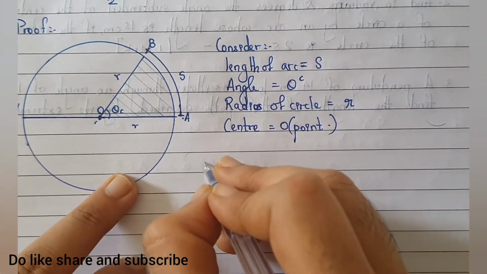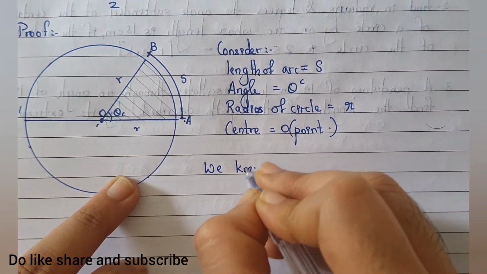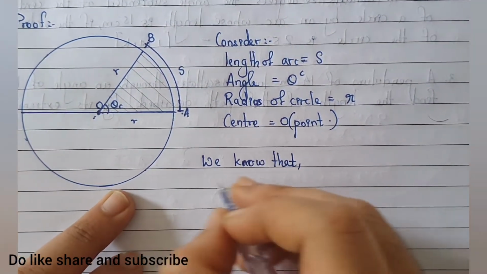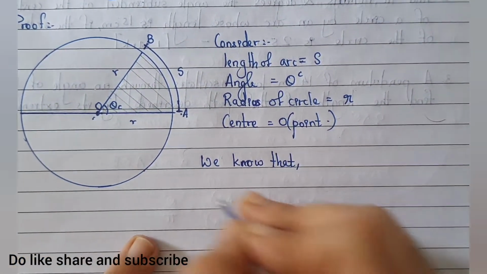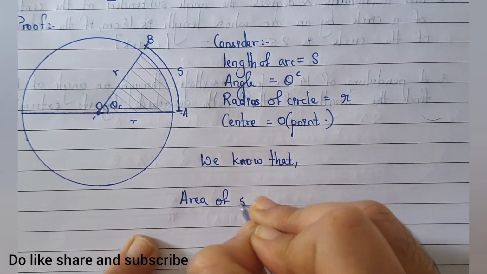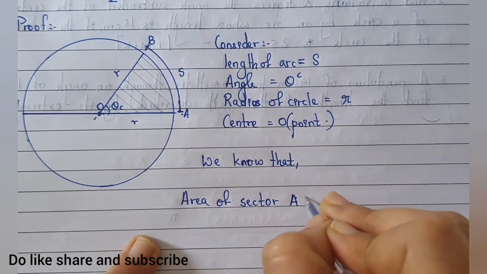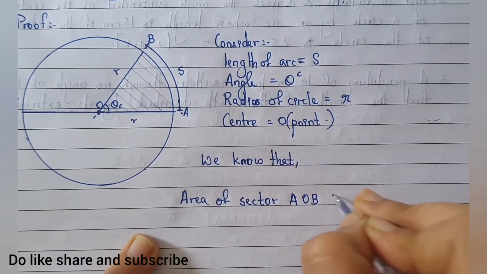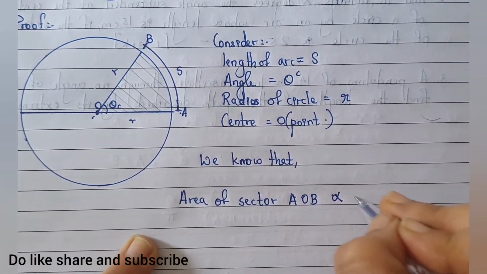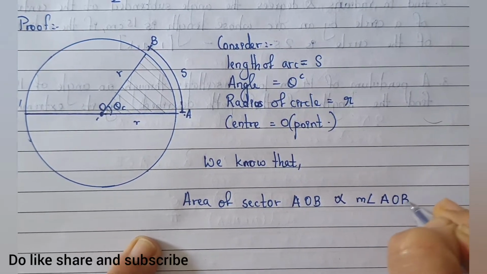Now we know that area of sector AOB is proportional to measure of angle AOB.